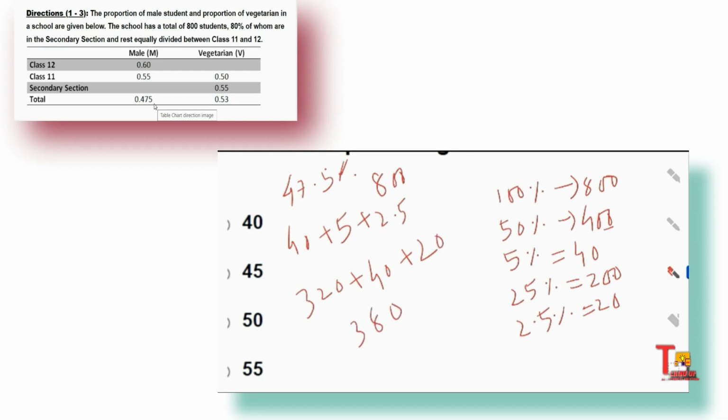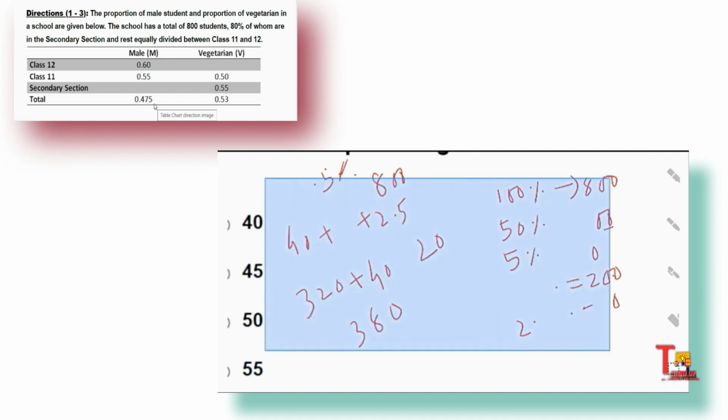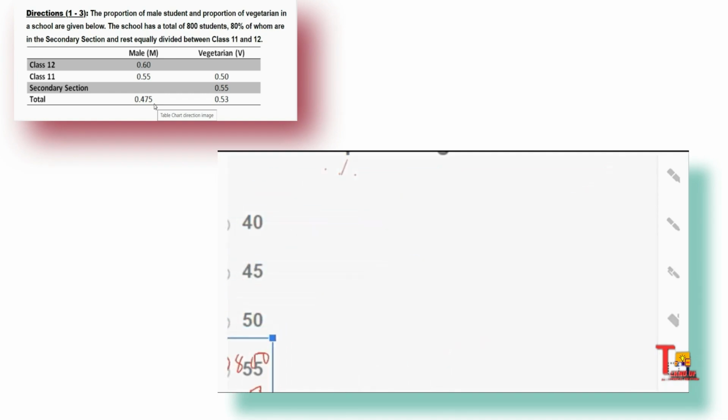So 380 is the total number of males present in that school. Okay, so that is 380. So I'm removing this. I hope you noted all. Okay, if you didn't note it, then please pause or reverse back. So total male present in that school is 380.